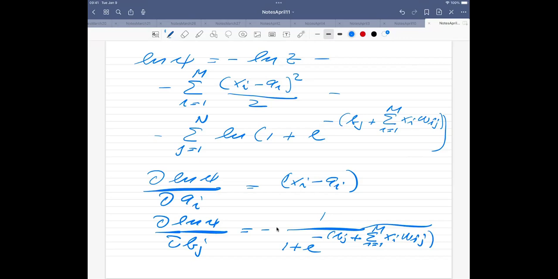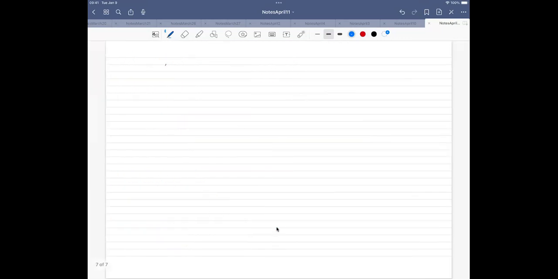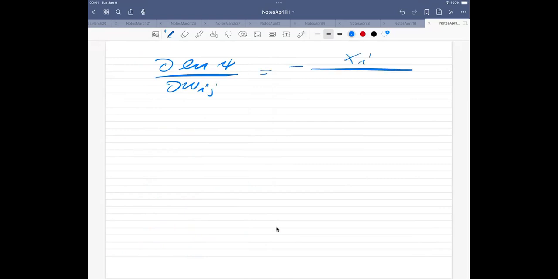Because then what we have is simply to take the derivatives of ln ψ with respect to the different parameters. Then the final equation which we need is d ln ψ with respect to w_ij, and that gives us a minus, and then x_i over 1 plus e to the, it's the same function which we have seen before, the sum over i equal 1 up to M of x_i w_ij here.